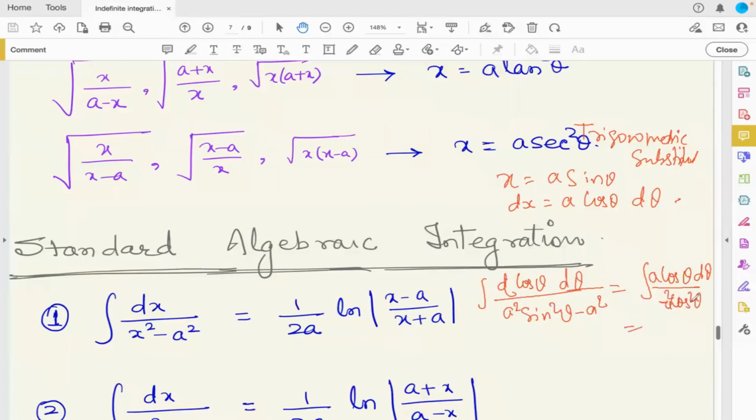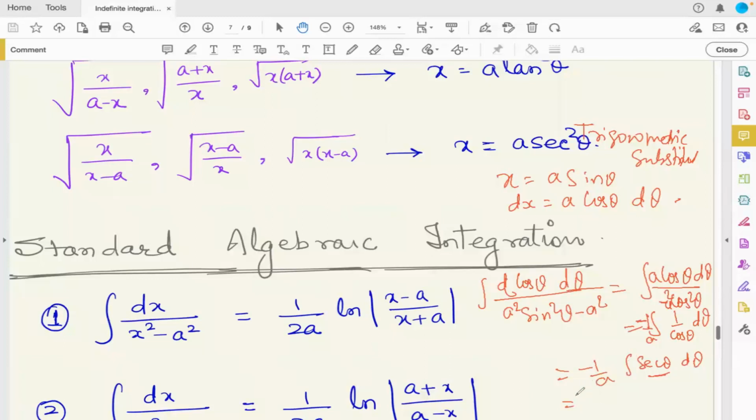And when we integrate that, it comes like minus 1 by a cos theta d theta, right? And this turns into minus 1 by a sec theta d theta. And we know that the integration of sec theta is ln sec theta plus tan theta.